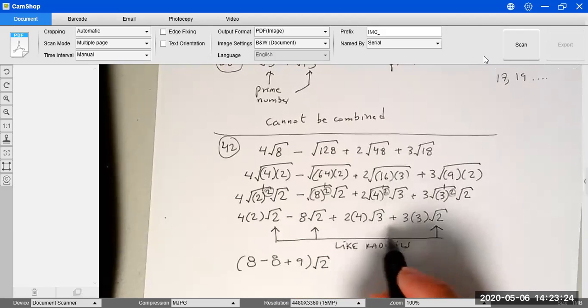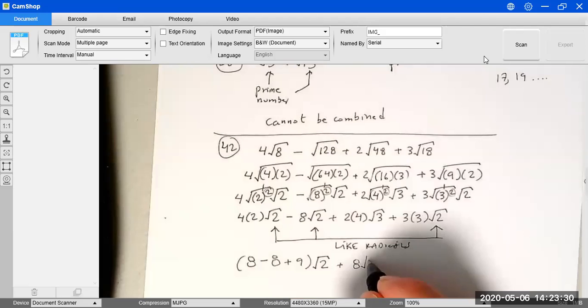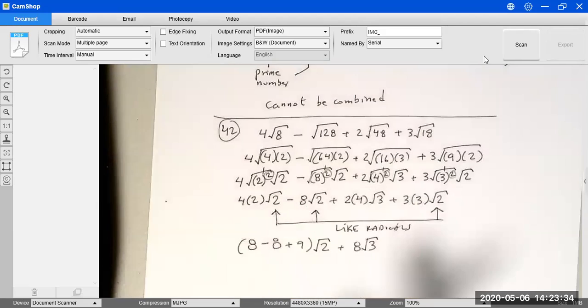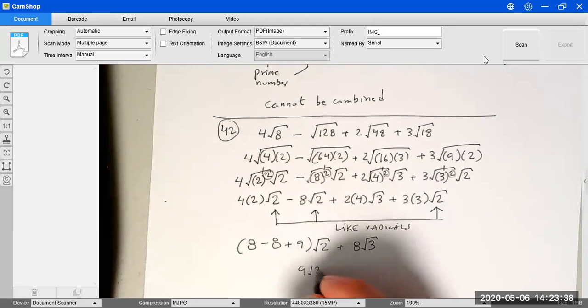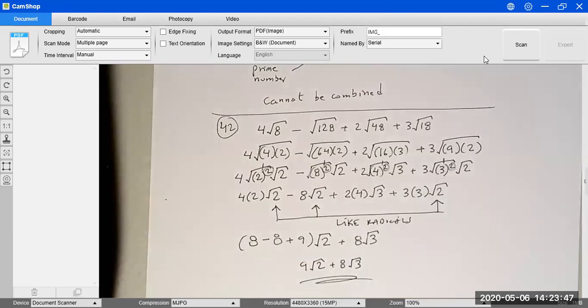And then I have only 2 times 4, which is 8, times radical 3. So you can see 8 minus 8 is 0. So you're going to end up only with 9 square root of 2 plus 8 square root of 3. So that's the final answer for this problem.